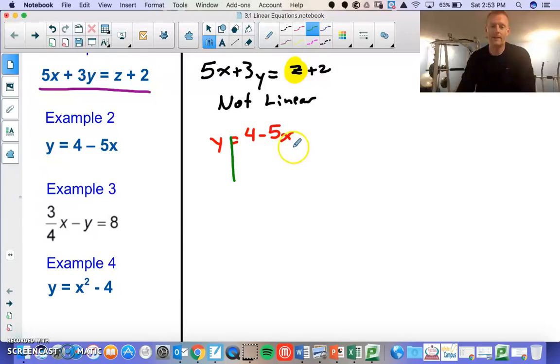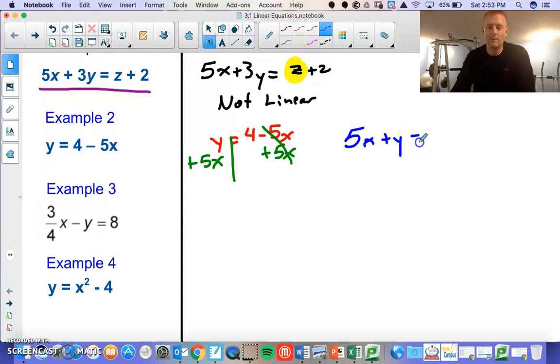Because we have a negative 5x, the smartest thing to do would be to add 5x to both sides and get ourselves a situation where we have x's and y's on one side and our constant on the other side. So this is going to turn into 5x plus 1y is equal to 4.